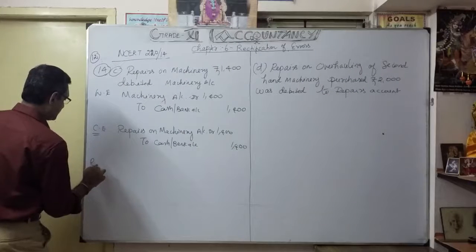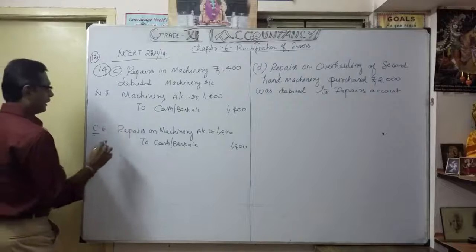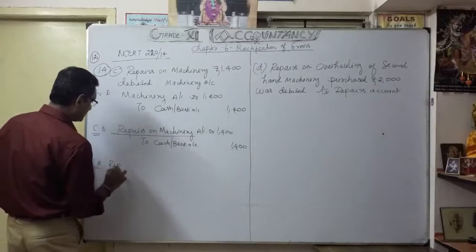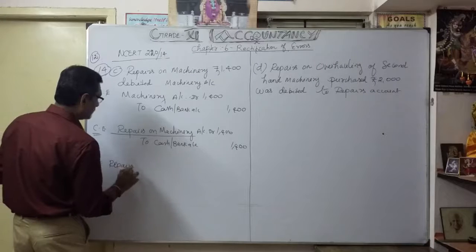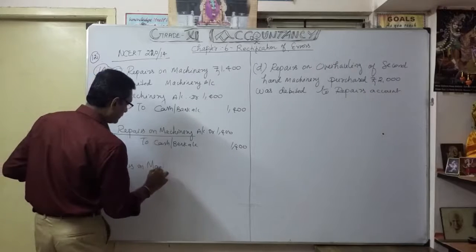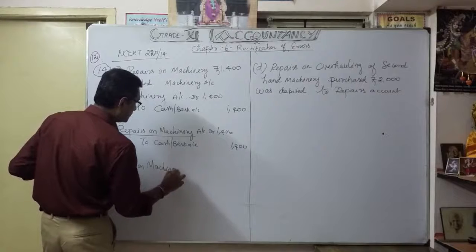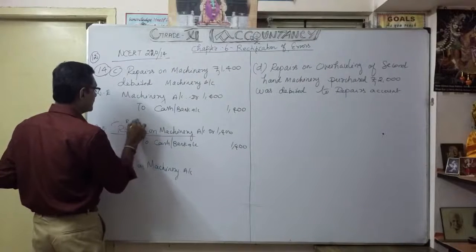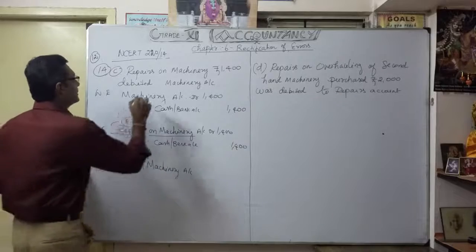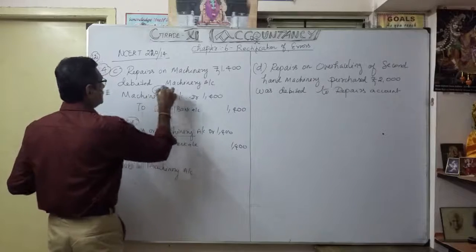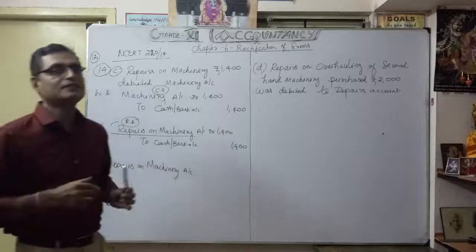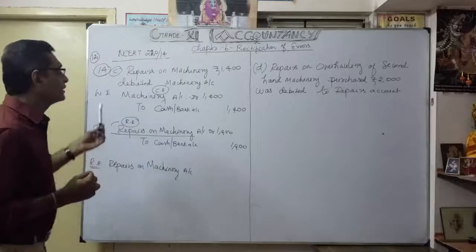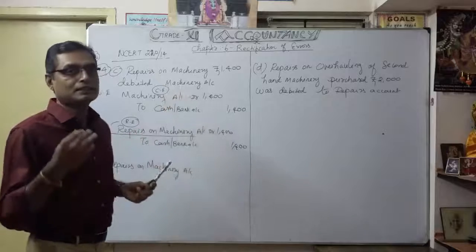So now see the rectification entry. I am going to write repairs on machinery account, because it is considered revenue expenditure. It was treated as capital expenditure. As repairs, we should treat it as revenue expenditure, not capital expenditure. That's why this error comes under error of principle.